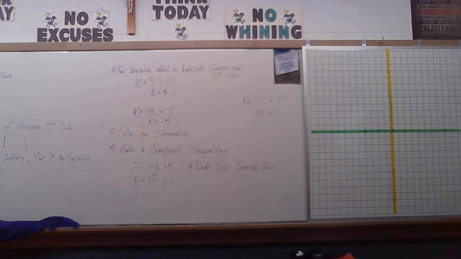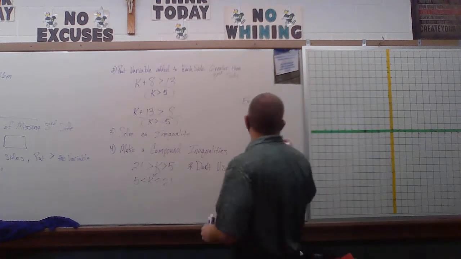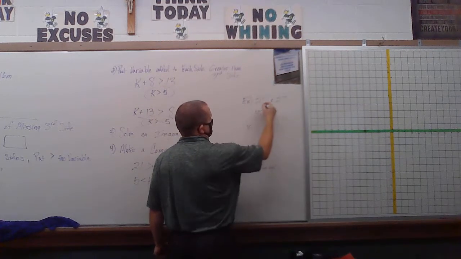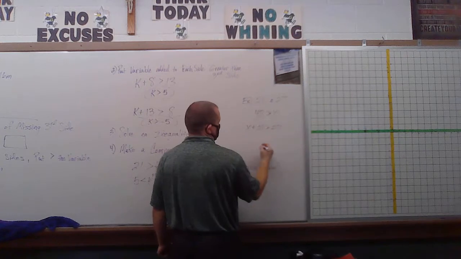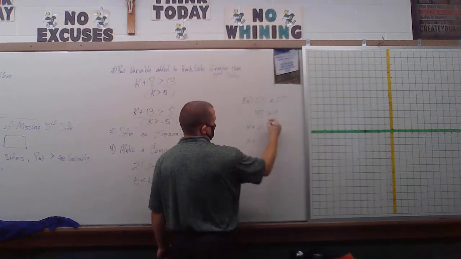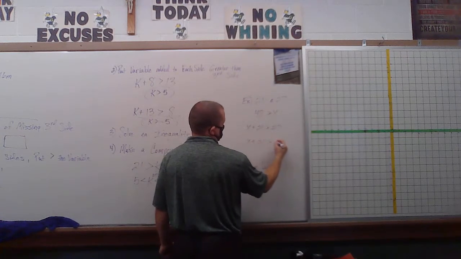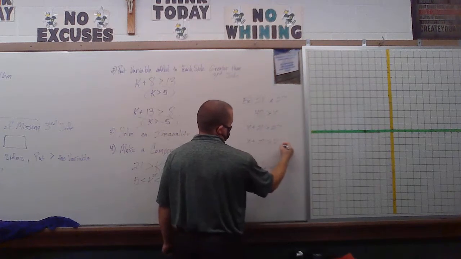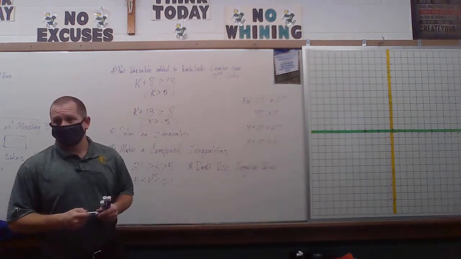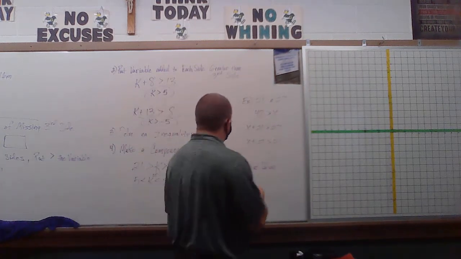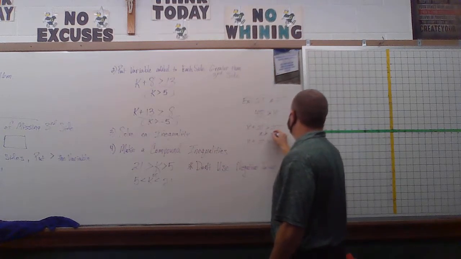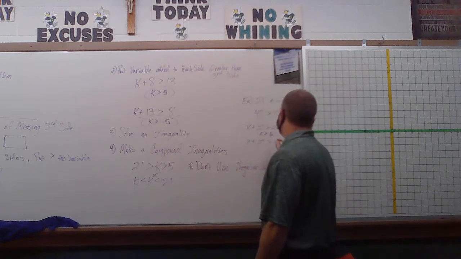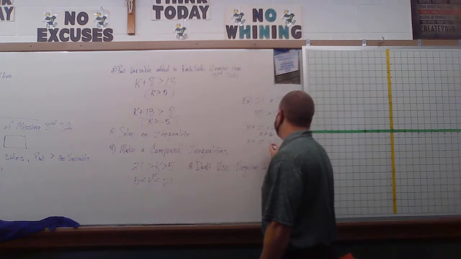Get an answer? So again, I'm going to take x and pair it with each one. Then I'm going to solve each. As soon as I get my positive one, I don't even have to do the second one.